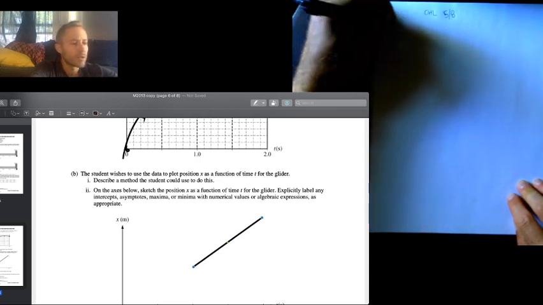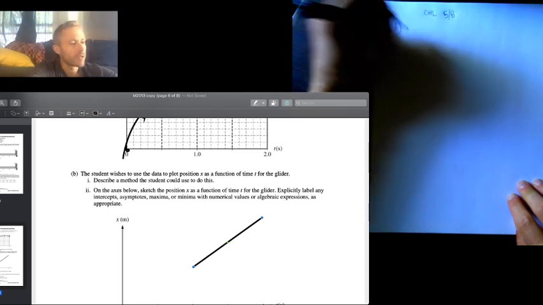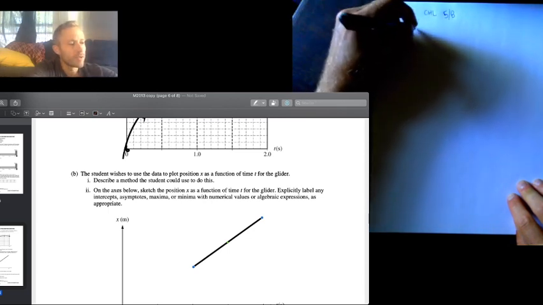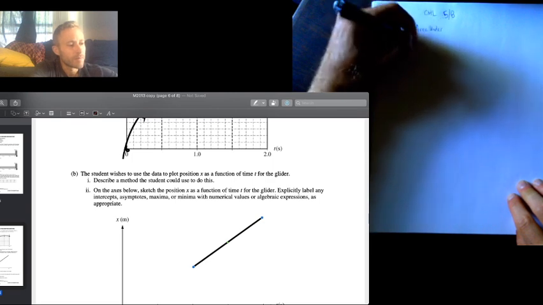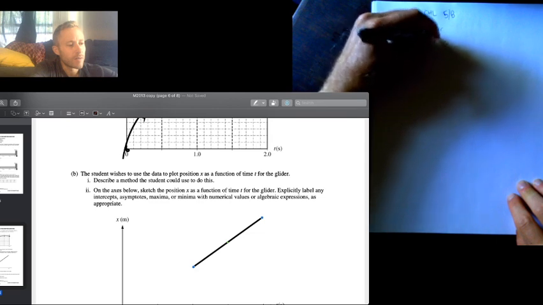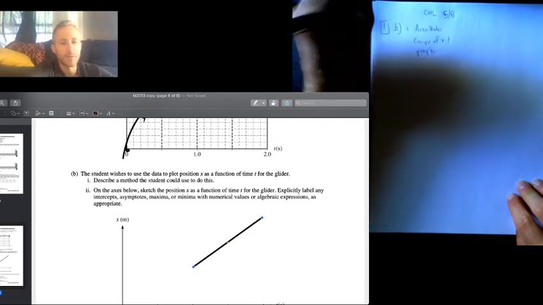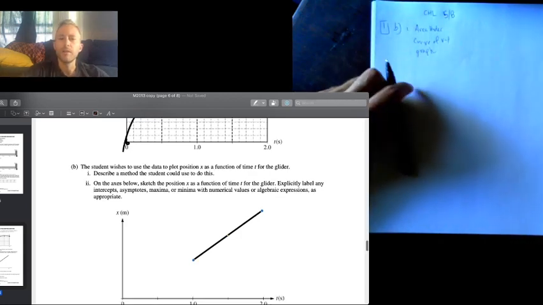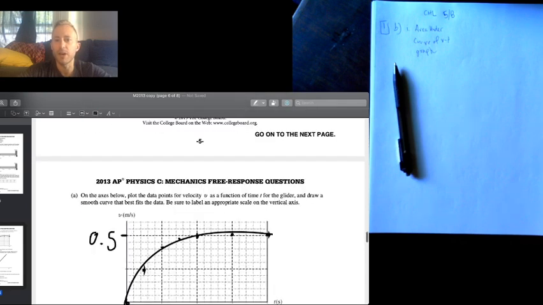Basically, what you would want to do is integrate. So you do the area under the curve of the VT graph. That gives us displacement. Okay. So now I'm going to sketch the position as a function of time, and so it's going to look like a straight line after 1 second because the velocity is constant.